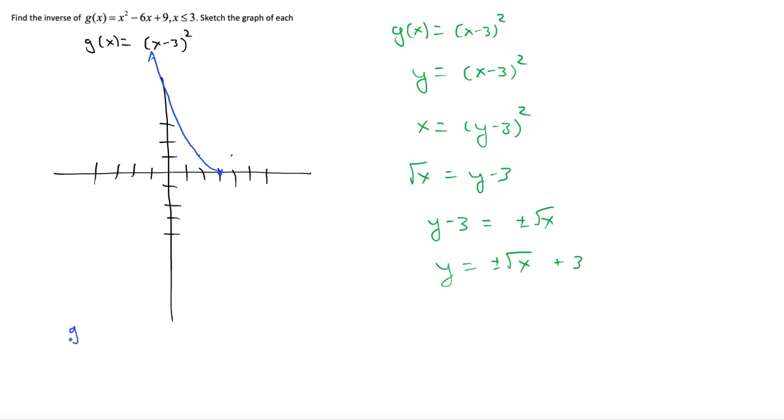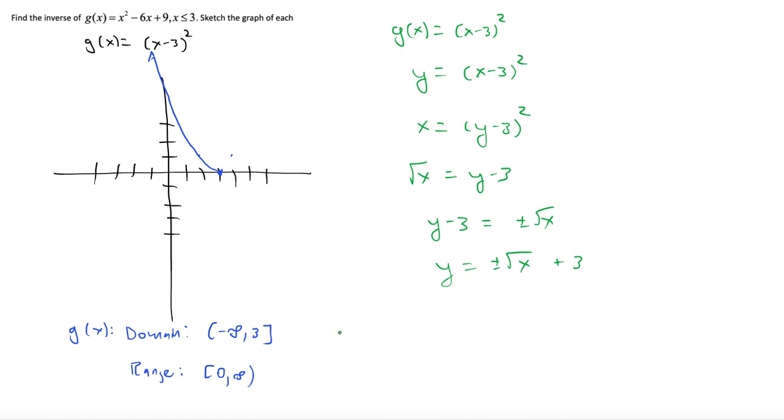For the function g of x, what is the domain of the function here? The domain is negative infinity up till 3. Those are all the x values that are going to be on this graph. The range, we know from the graph, is 0 to infinity. The y values. We start at this y value, which is 0, and we keep going up, so that's going to be the range.